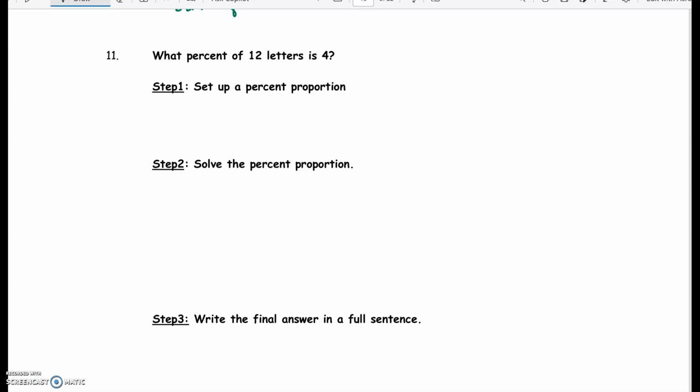Next question, what percent of 12 letters is 4? So if you don't know what percent, call it P. P% of 12 letters is 4. So P% of 12 is 4. So P over 100 of 12 is equal to 4.